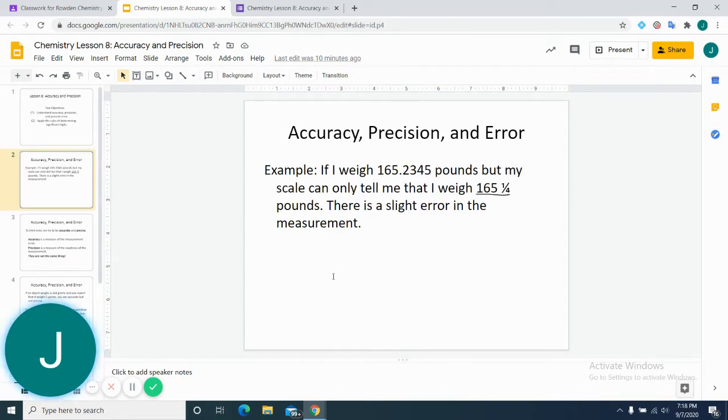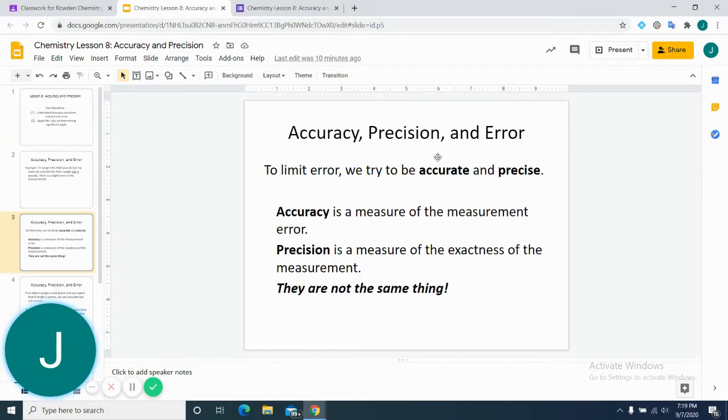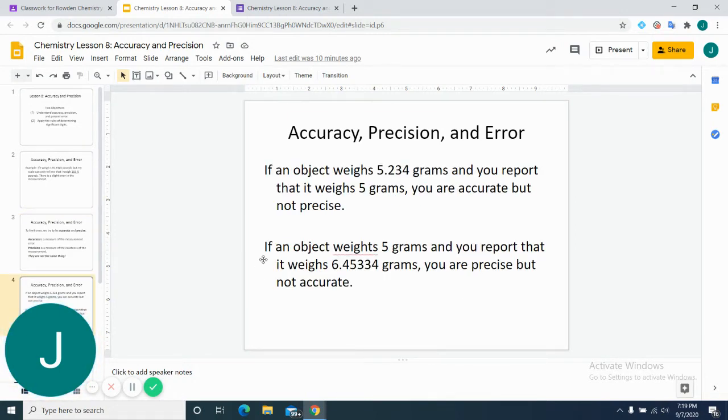So the scale is accurate. It is saying the right, out of all of its options, it's saying the correct option. The problem is the scale is not precise enough. It only goes by 165, 0.0, 0.25, 0.5, 0.75. That's going by quarters. Okay, it can only do that. It can't go 0.2345. So the issue is that it's not precise. So accuracy is just if you're wrong or right. Precision is if you're very specific about what you are saying.